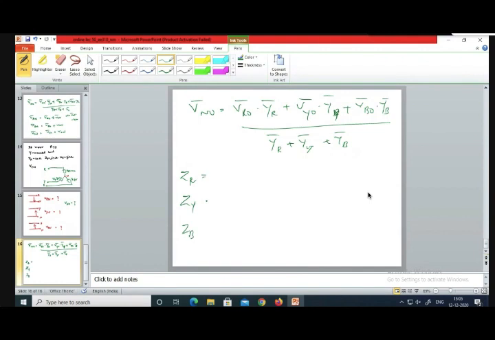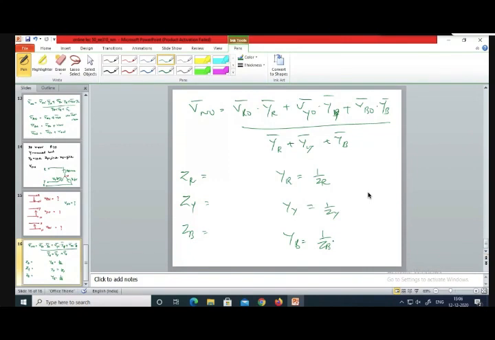YR is nothing but 1 by ZR, YY is nothing but 1 by ZY, YB is nothing but 1 by ZB. This is the admittance and impedance relationship. Clear? So the denominator, you know.